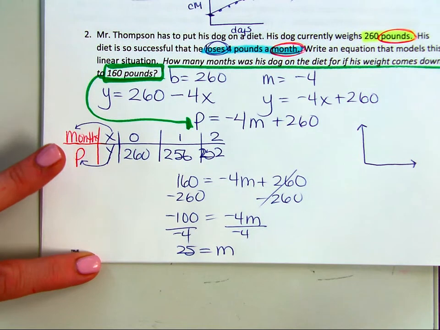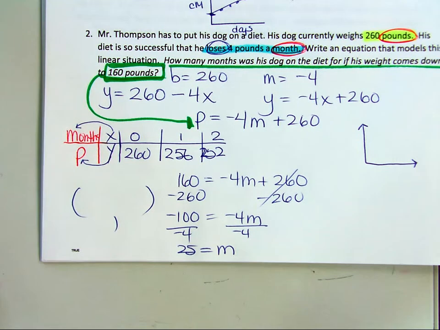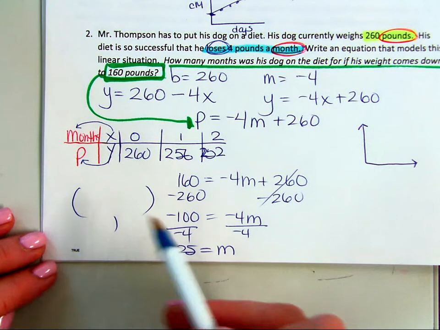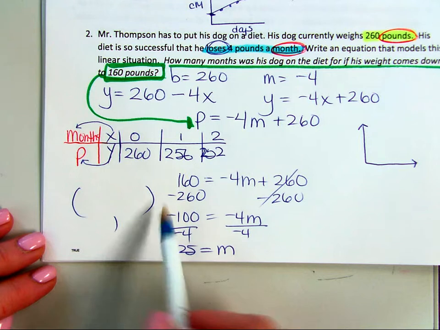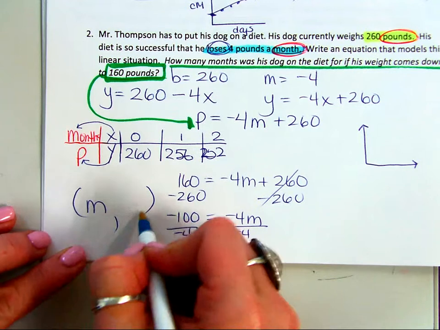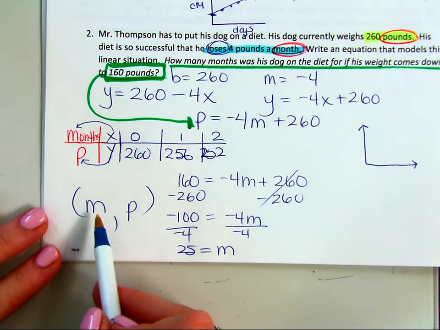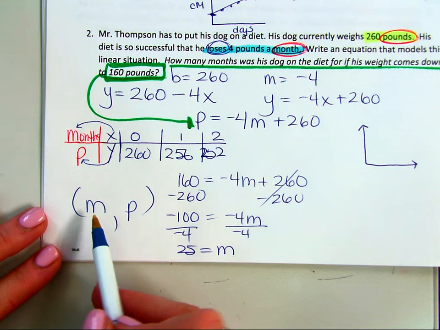Now, what I probably should have done before I went up and did this is, what is this? Is this M comma P or P comma M? X's, M comma P. So every ordered pair I see, I know that it's the number of months on the diet and the number of pounds that he weighs because of it.